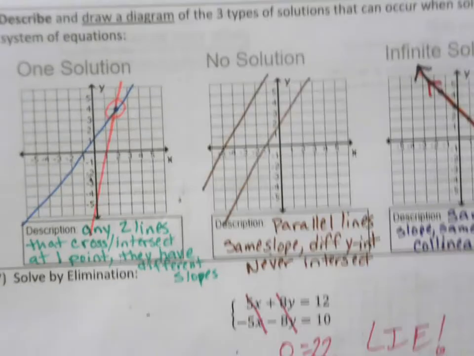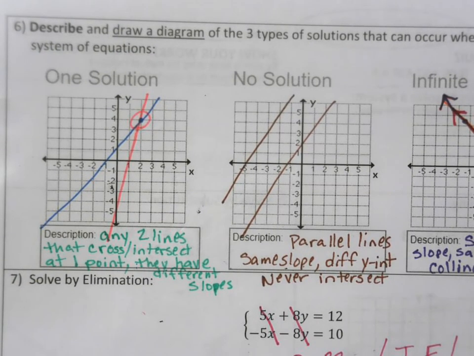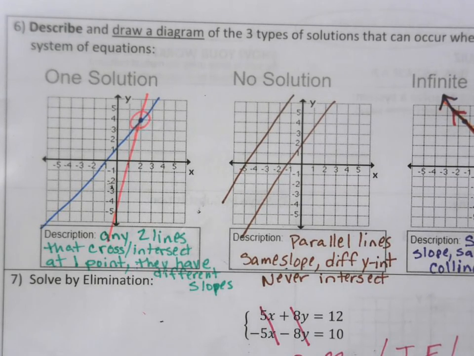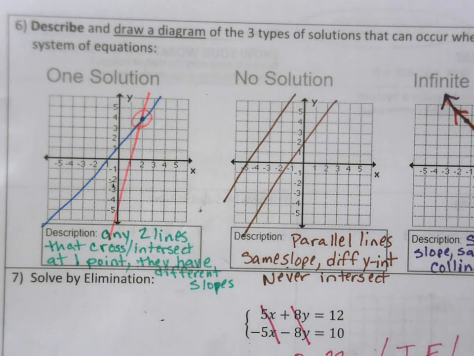Then if we look at the back, this was what was on the very front of that foldable that we did in class the day before the quiz, when we talked about graphing. And we talked about what these types of solutions look like. One solution is just two lines that cross at some point.